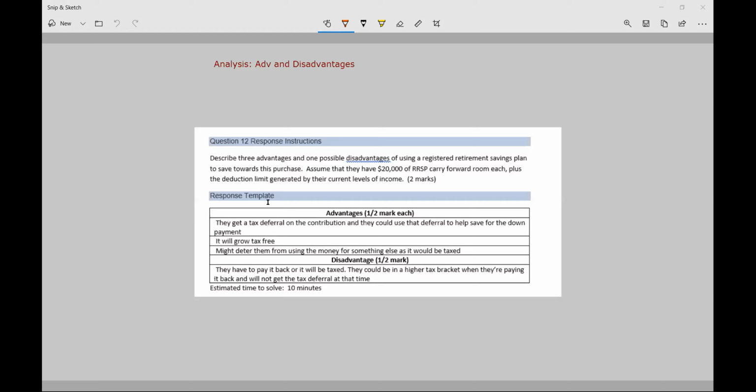Okay. What do we think of this first advantage? Tax deferral. We like this one.